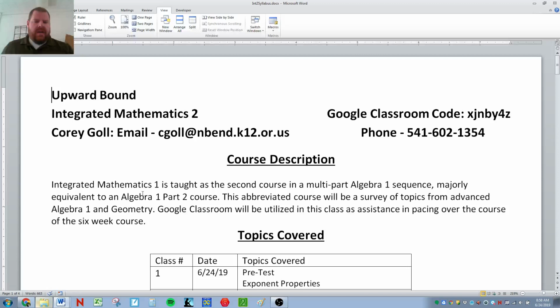I know this says Integrated Math 1, this is Integrated Math 2, but it's the second course in a multi-part Algebra 1 sequence majorly. If you've heard of the part sequence thing, this is mainly going to be like an Algebra 1 Part 2 course.